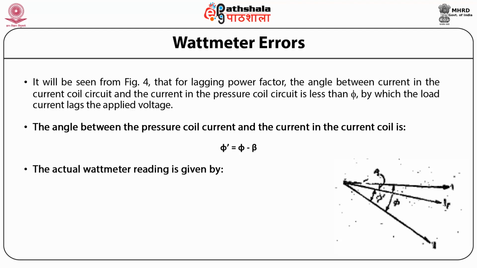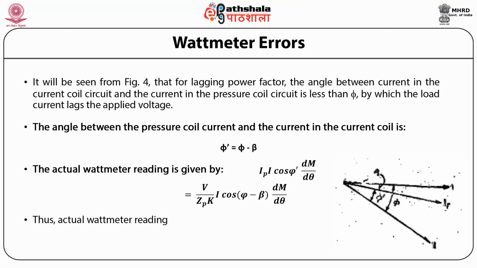The actual wattmeter reading is given by IP I cos phi prime multiplied by dm by d theta, which can be written as V by ZP K multiplied by I cos phi minus beta multiplied by dm by d theta.